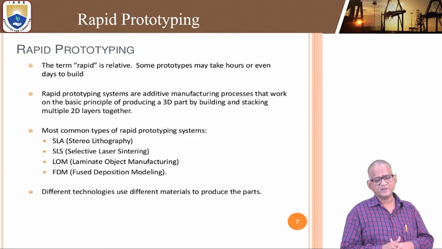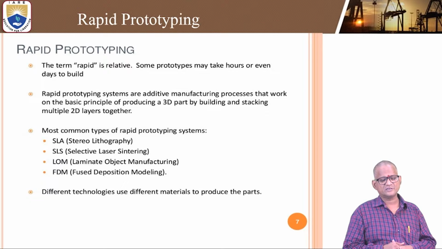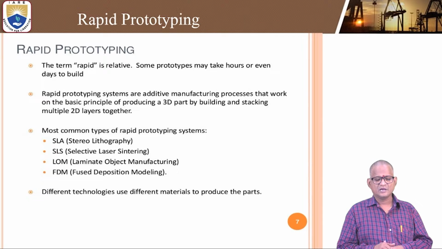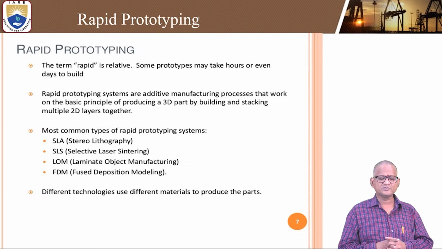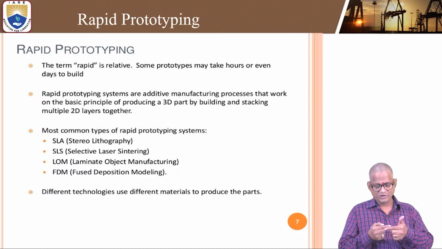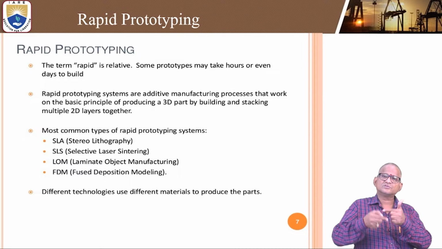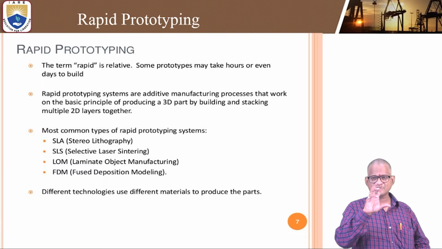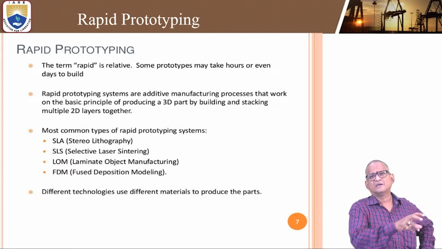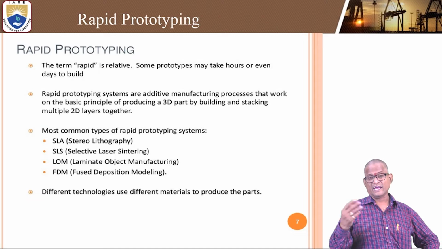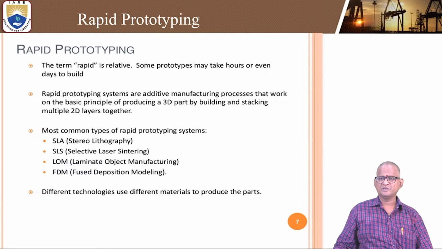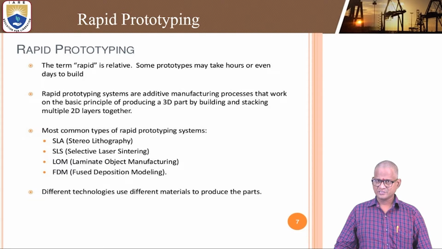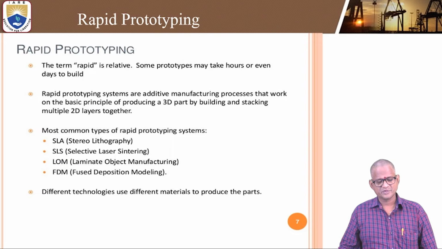The basic principle involved in a 3D part is building and stacking multiple 2D layers together. So one layer over one layer. That way the 3D shape is obtained, and whatever shape can be drawn in CAD, that final 3D part can be produced in the 3D printing machines.